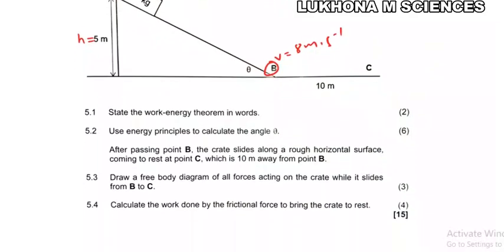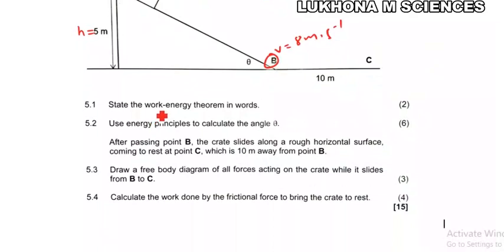The first question says, state the work energy theorem in words. The work energy theorem in words states that the net work done on an object is equal to the change in the object's kinetic energy.